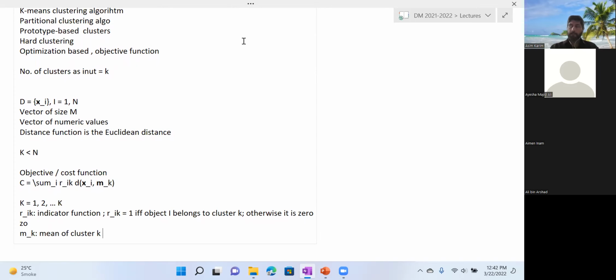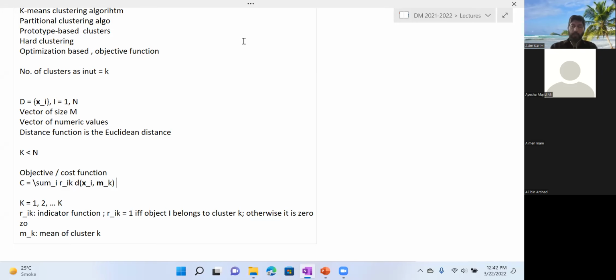Okay? So what we are doing is we are summing up the distance, which is the Euclidean distance of every object from its mean in the data set. And the indicator function, of course, is only saying that we are summing the distance of every object from its respective cluster mean. Right? So if we do not add its distance with other means, that will be 0 by the indicator function, so that sum is not added.